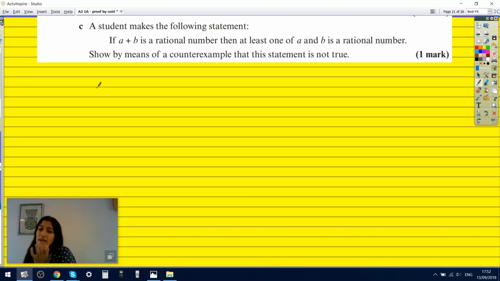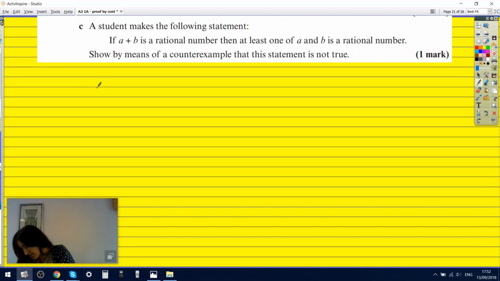What counts as an irrational number? Anything that can't be made into a fraction? Yes. Anything that can't be written as a fraction a over b, where a and b are integers.